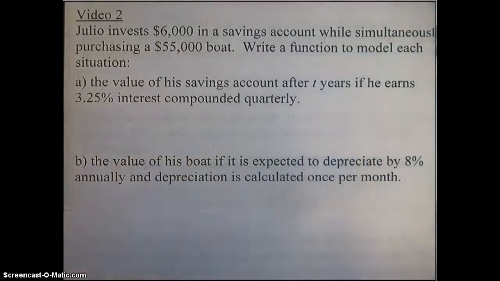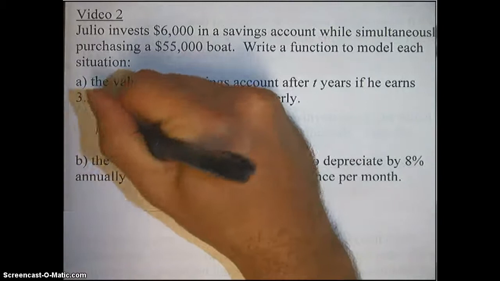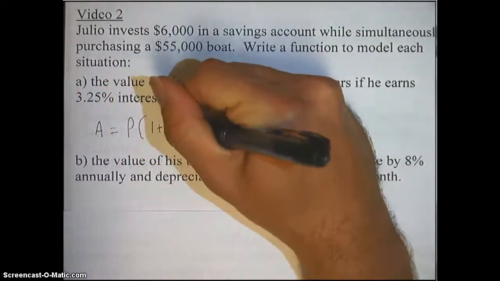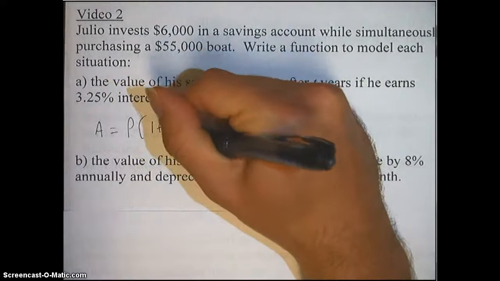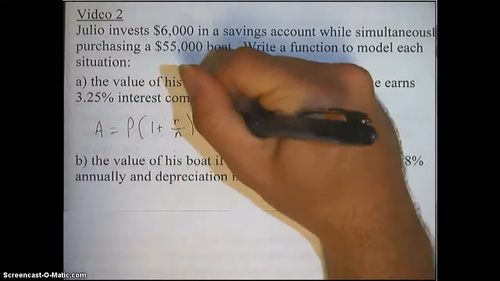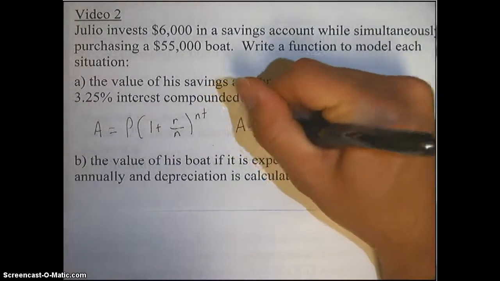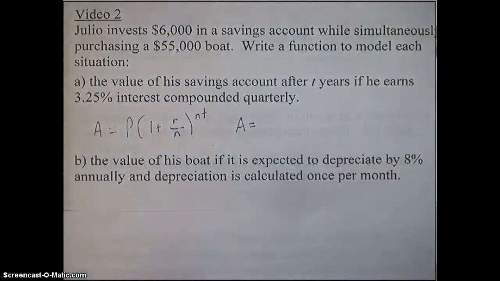So I'm going to start with my equation. A equals capital P for the principal, times (1 plus r over n) to the n times t power. I don't know A. That's going to be part of the equation because A is going to depend on the number of years, and right now we don't know the number of years. So keep the A in the equation.